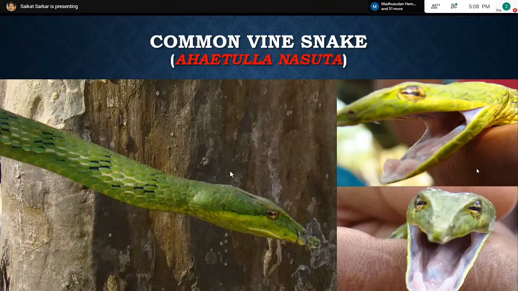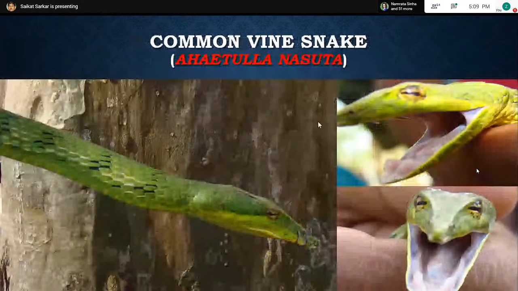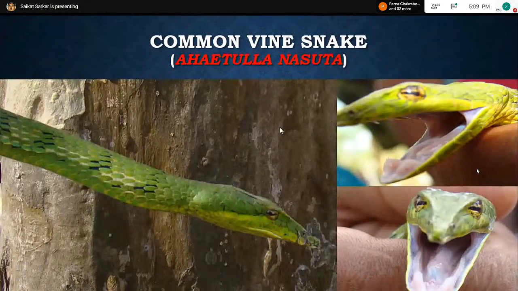Common vine snake. This is the fang. This is a back-fanged snake. This one is also back-fanged. These are also back-fanged. This is another back-fanged snake, Ahaetulla nasuta. And the vine snakes, there are many vine snakes that you can find now in India. There was a taxonomic reshuffling done recently, not very many days ago.